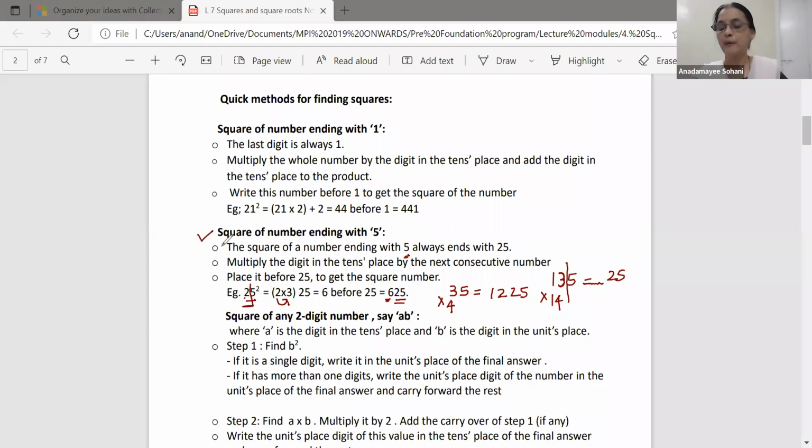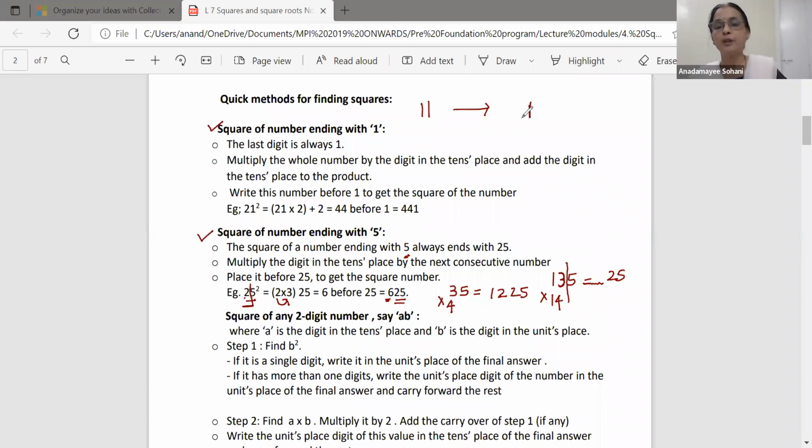You don't have to actually multiply. Then shortcuts for numbers ending with 1. We've already seen that if the number ends with 1, the square will always end with 1.